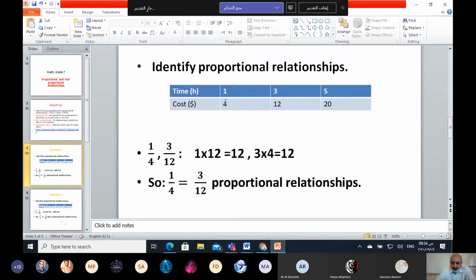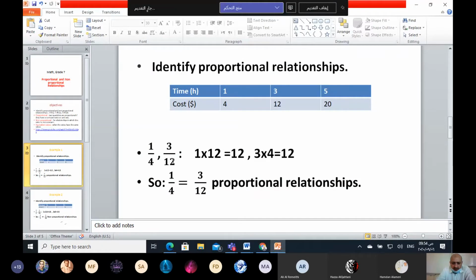For example, I will take 1 over 4, and 3 over 12. Now, how to check if it is proportional or not? Take 1, multiply by 12. 1 times 12 equals 12.